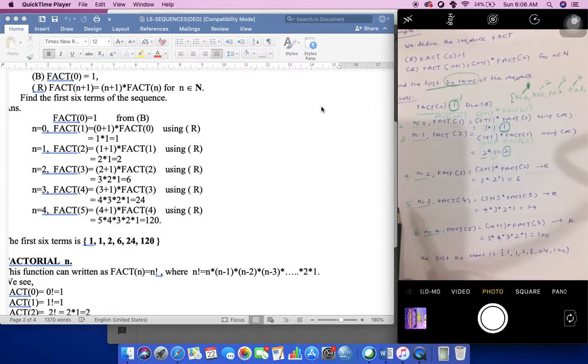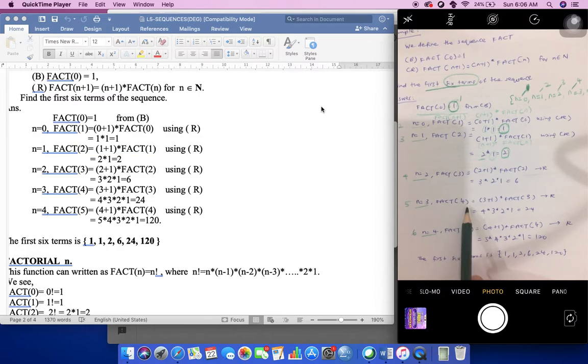Next is the fifth term. When n is equal to 3, factorial 4. Because n plus 1, 3 plus 1, so equal to 4. Then factorial 3.